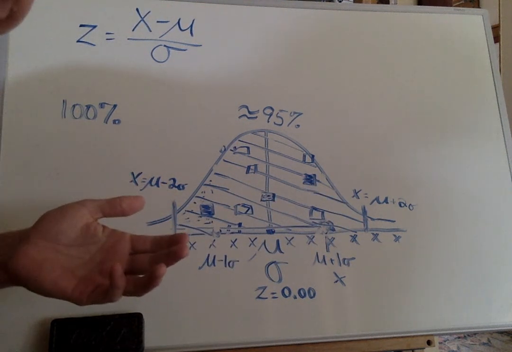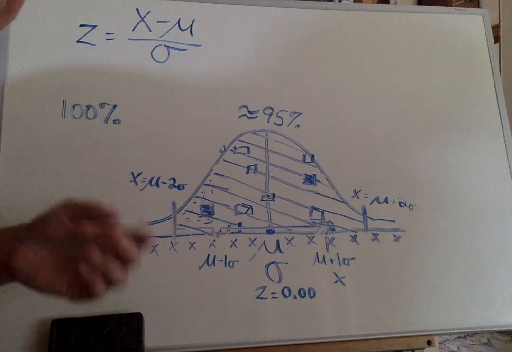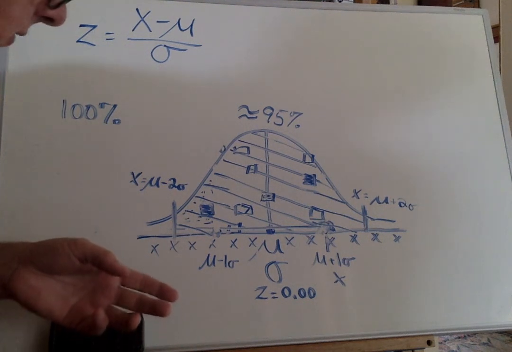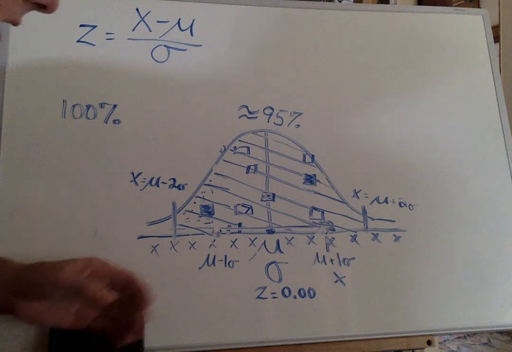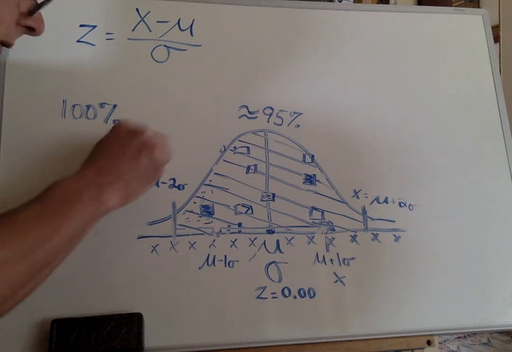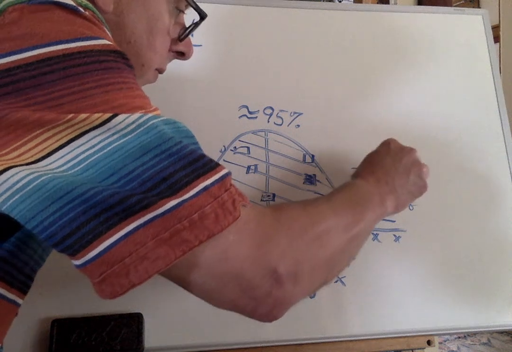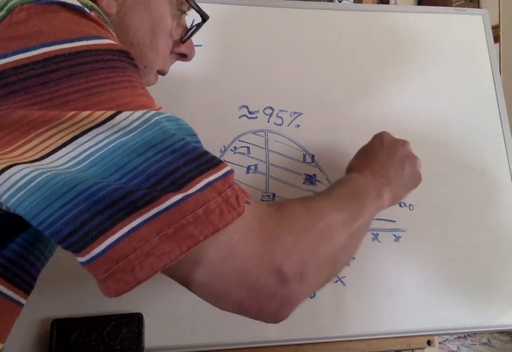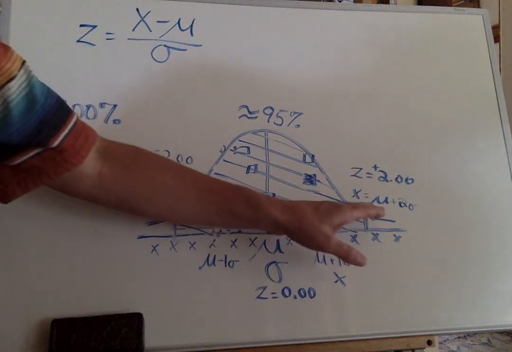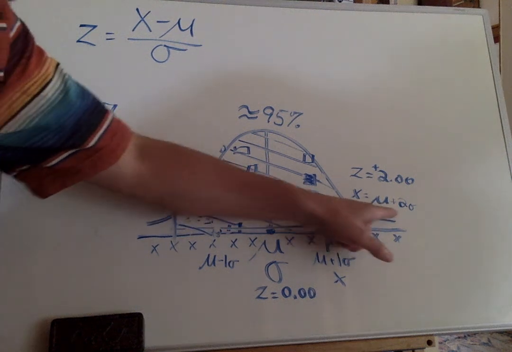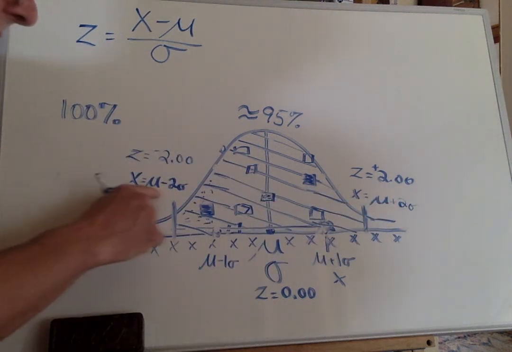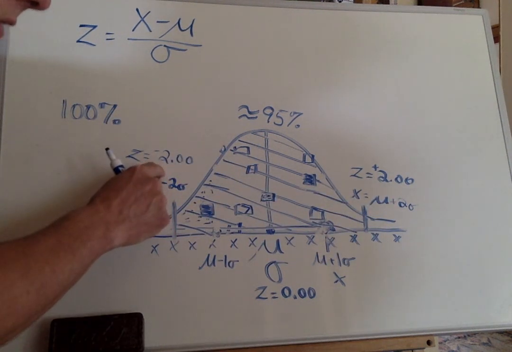I could say, what do you think the percentage of the population is that falls between a z-score of -2 and a z-score of +2? Because this represents a score that's 2 standard deviations above the mean, and this represents a score that's 2 standard deviations below.